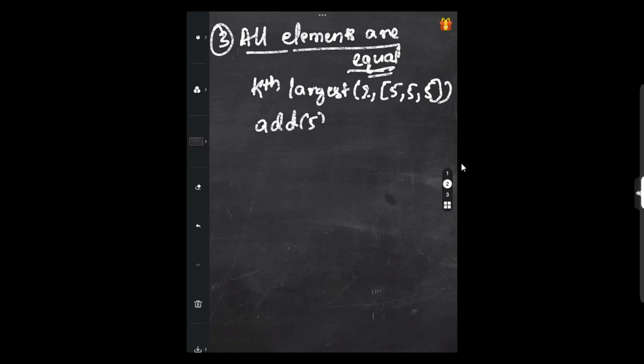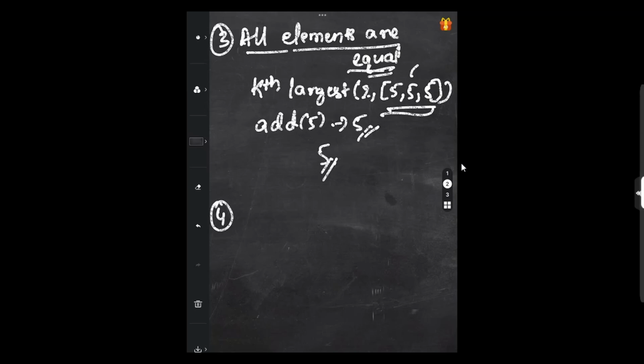If we go with add of 5, then the output will be 5 as well. Why is the output here 5? Because all the elements are the same, so the output obviously remains constant. You can clearly see all the elements here are the same. So the output will be 5 in this case. This is for the condition all elements are equal.